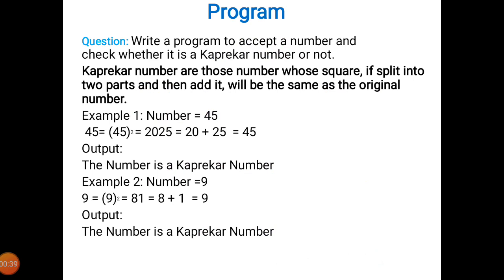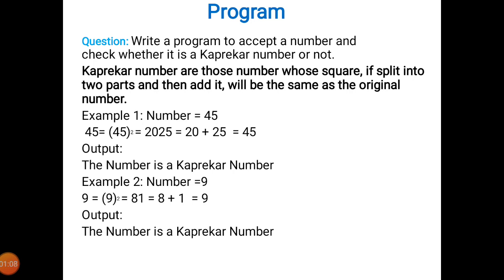Write a program to accept a number and check whether it is a Kaprekar number or not. Kaprekar numbers are those numbers whose square, if split into two parts, first half and second half, and then we add them, will be the same as the original number.